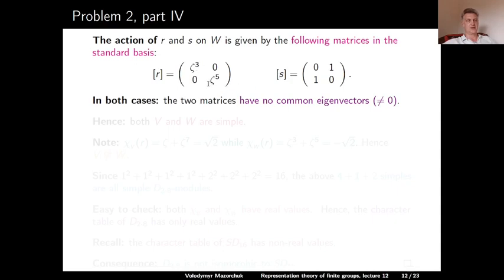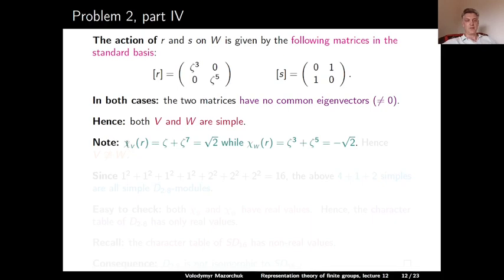The diagonal matrix means that only the basis elements are eigenvectors, because we have different elements on the diagonal. And the second matrix has eigenvectors (1, -1) and (1, 1). So we have a two-dimensional module with no common eigenvectors, which means no one-dimensional submodules. So both of these induced modules are simple.